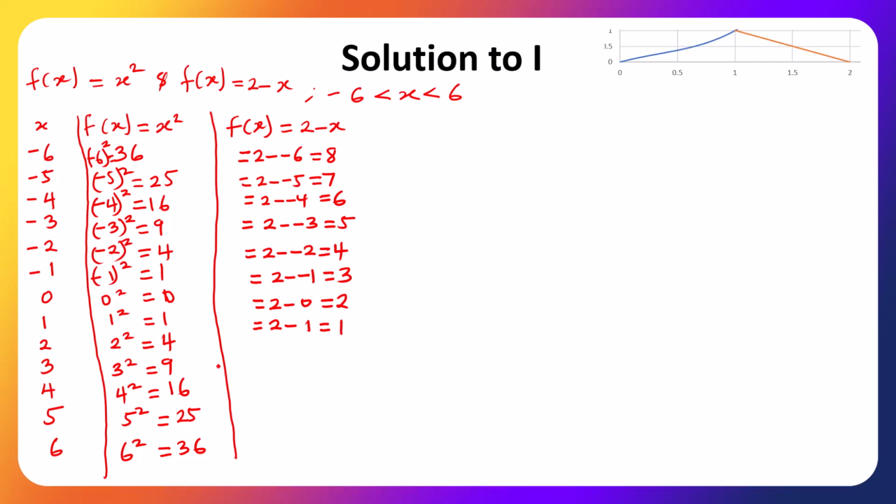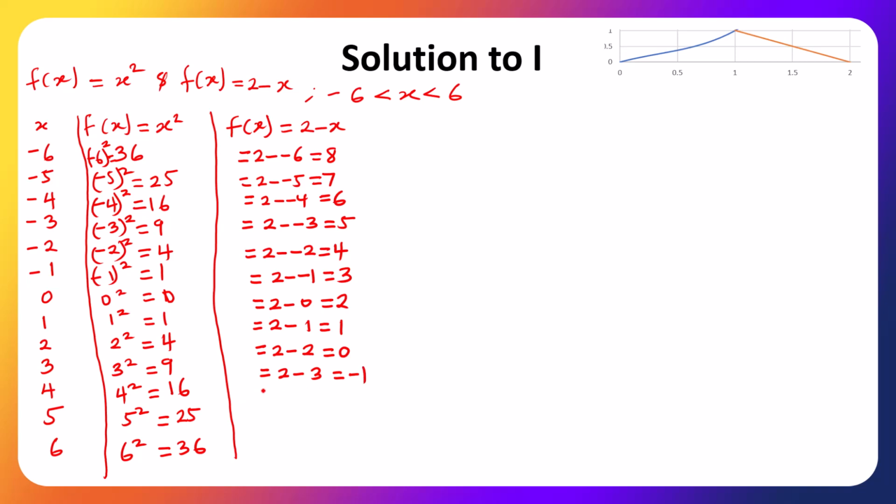For 2, we have 2 minus 2, which gives us 0. For 3, we have 2 minus 3, which gives us minus 1.